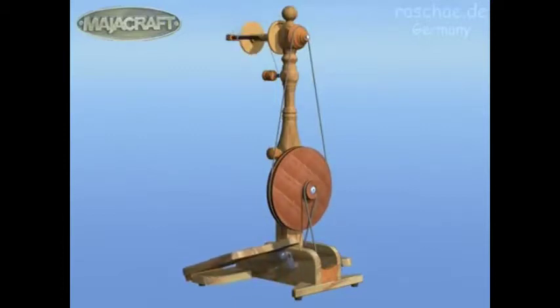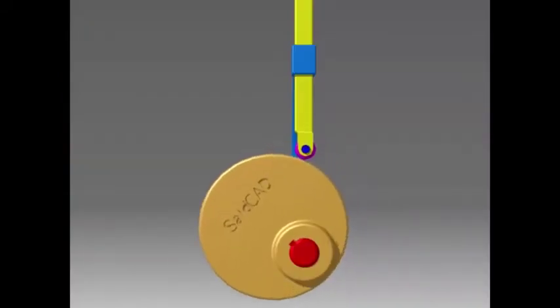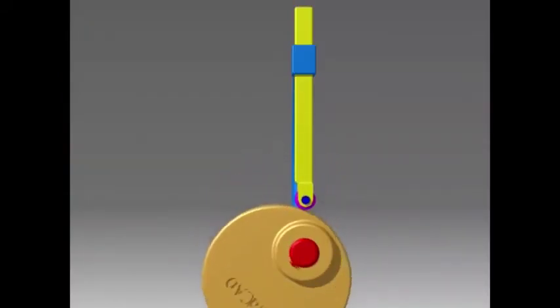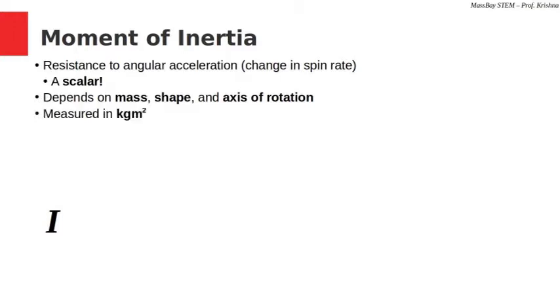Here we see a wheel rotated about its center. It turns out that this has a different moment of inertia than this wheel, which is not rotated about its center. So to summarize, moment of inertia depends on mass, shape, and axis of rotation. Since it has to include both mass and distance, it is measured in kilogram meters squared.